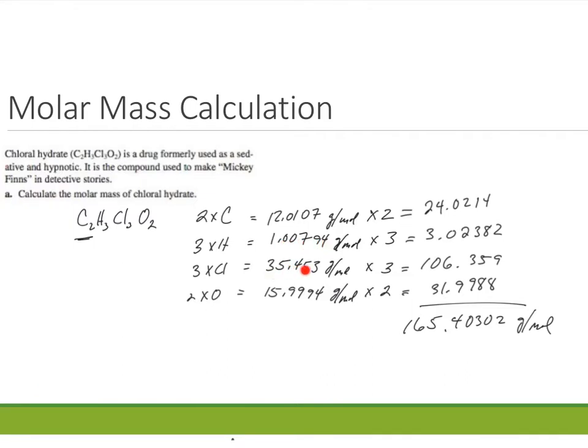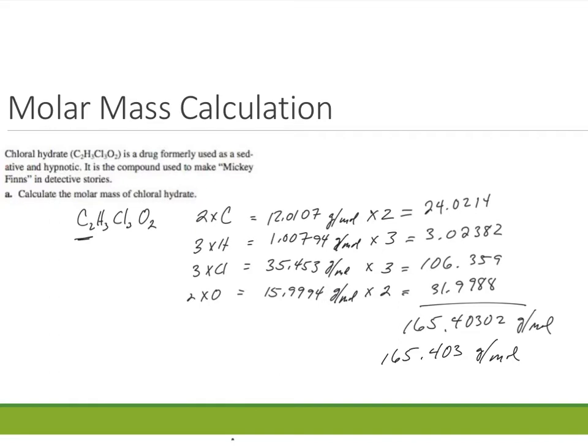I've got 5 significant figures, but to 3 decimal places, and 6, but to 4 decimal places. So the sum total in my addition should end up with 3 digits after the decimal point. So my answer should be 165.403 grams per mole.